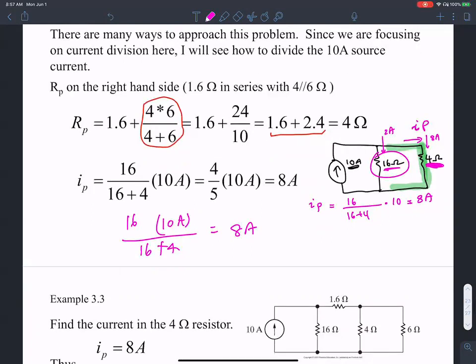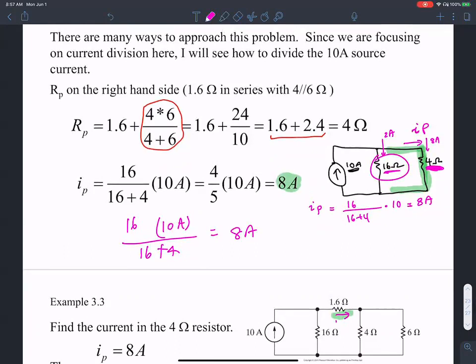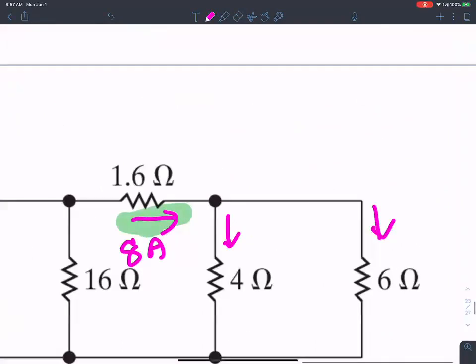So that gives me 8 amperes, which is shown here. And how is that split between these two branches? To find the current through the 4 ohms, I take the 8 amperes coming in and divide it in this ratio.